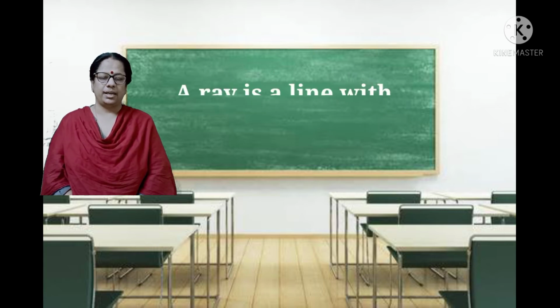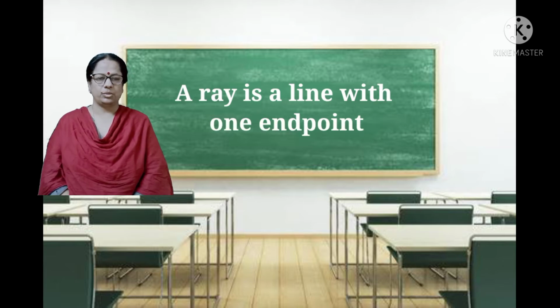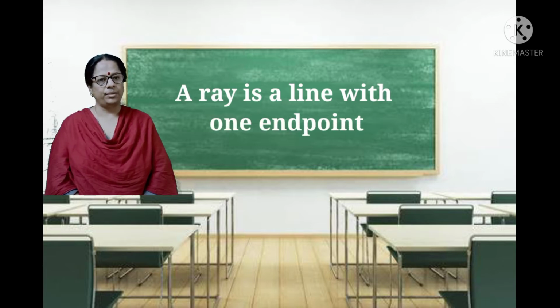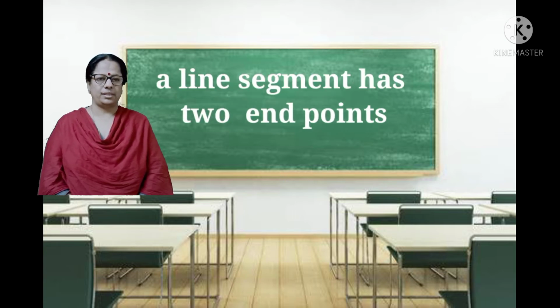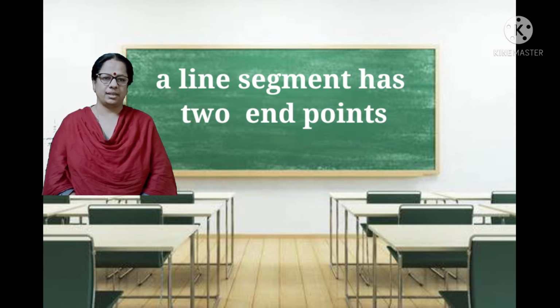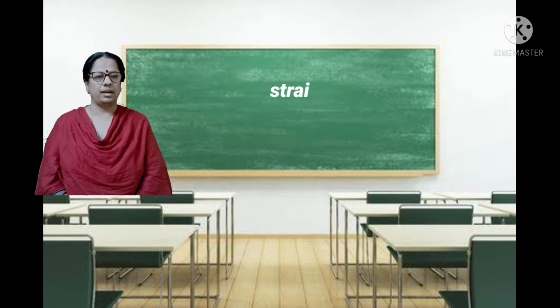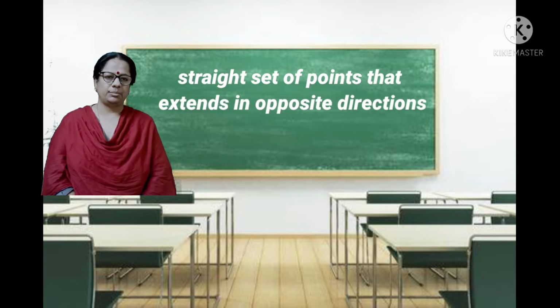That is, a ray has only one endpoint. So what about a line segment? How many endpoints? 2 endpoints for a line segment. Then if both sides are endless, we will get a line. These ideas we studied in previous classes.